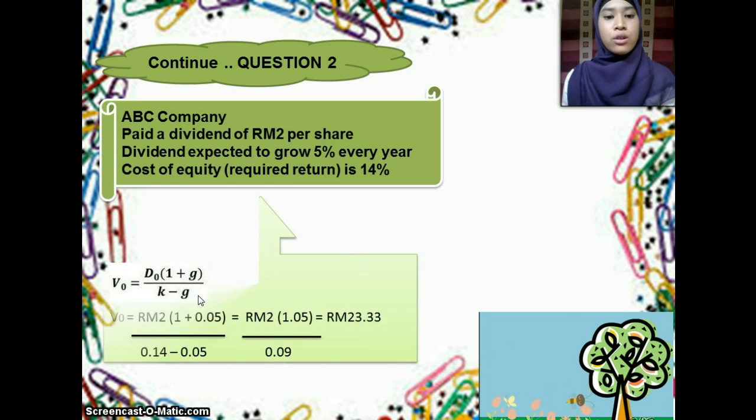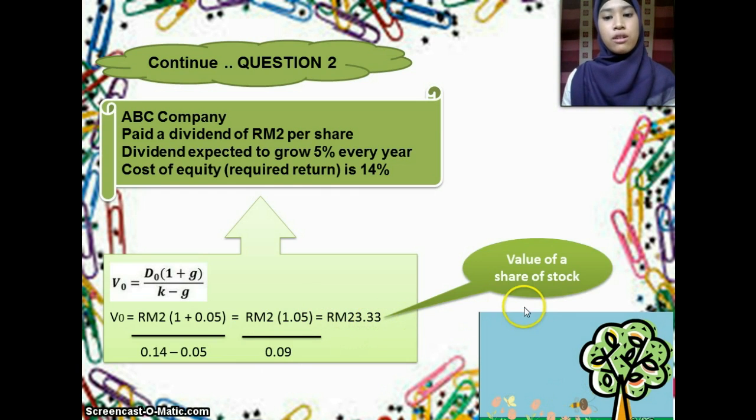So, RM 2 times 1 plus 0.05 divided by 0.14 minus 0.05 equals RM 2 times 1.05 divided by 0.09. We get RM 23.33. This is the value of a share of stock.